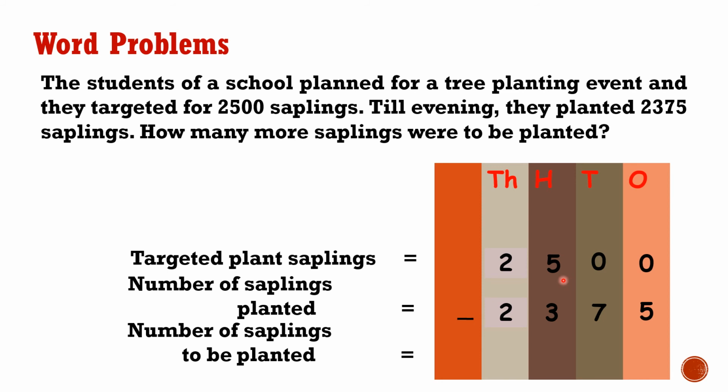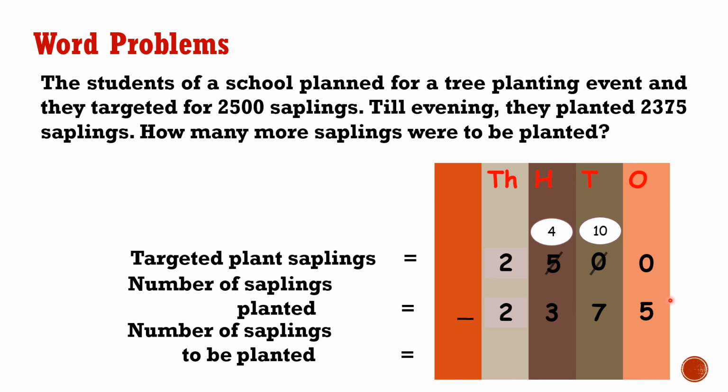There are 5 hundreds, so we can take 100 from the 500s and give it to the tens column. So the tens value changes into 10. And in the hundreds place, before there were 500s, now only 400s.